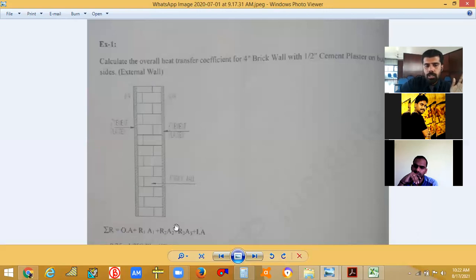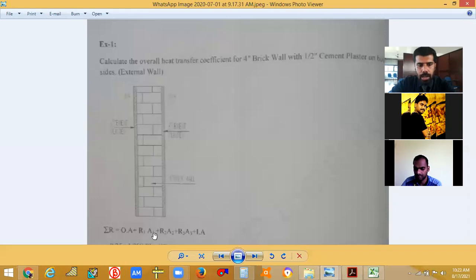Okay. So can you do the answer if I show the tabular column? Can you try it out? Yeah, just try it out. If you didn't get, I will show afterwards. Okay. So you can write this formula. This is the formula.